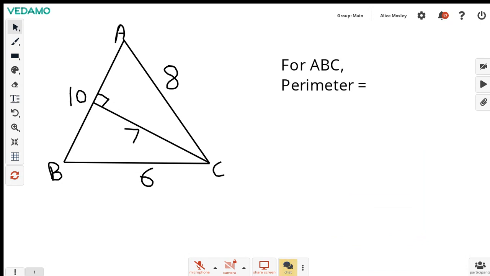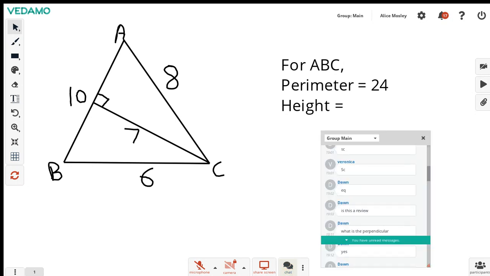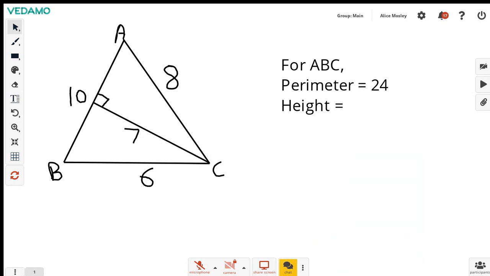Can you all find me the height? What is the height of this triangle? Okay, I got 7 from all of you, and I certainly hope that Mr. Raymond got 7, Mr. Dwayne got 7 as well. What is the base of this triangle? Can you all tell me the base of this triangle?